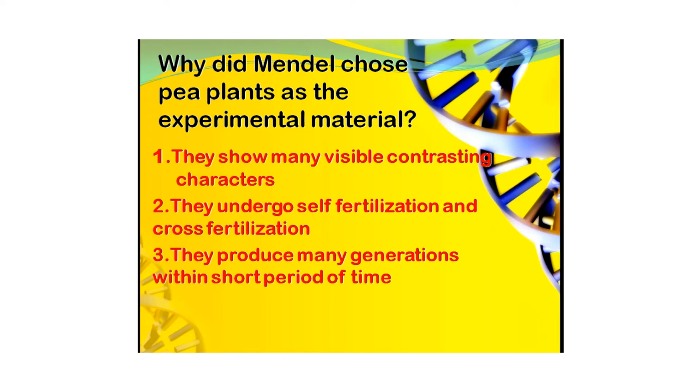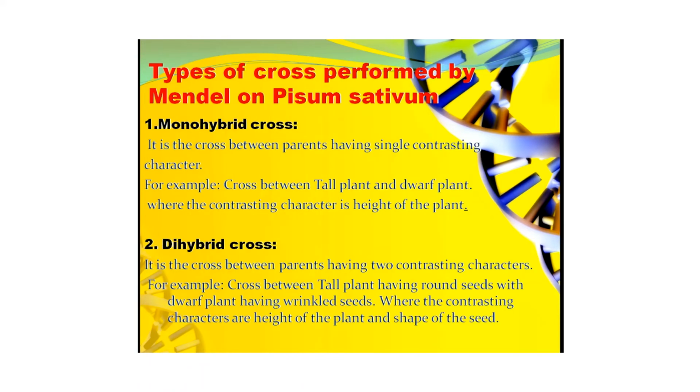So that would have taken away all the time of Mendel in order to conduct the experiment on the animal. So he selected the pea plant as the experimental material because of these three reasons. Like they were showing many visible contrasting characters, they were able to undergo self pollination and cross pollination, and they were also producing many generations within a short period of time.